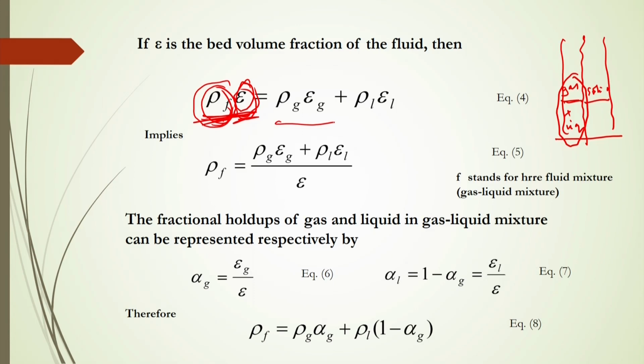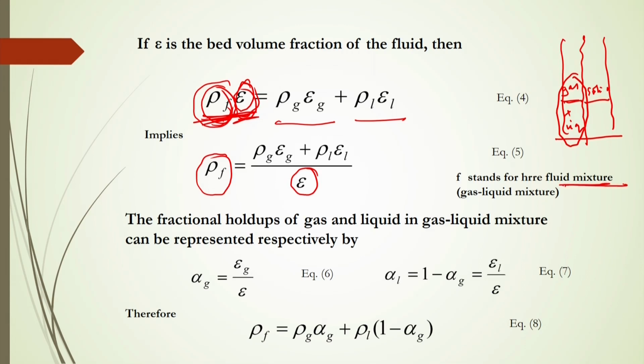This would be equal to rho_g epsilon_g plus rho_L epsilon_L, g for gas, L for liquid here. So, rho_f will be rho_g epsilon_g plus rho_L epsilon_L, divided by epsilon. This epsilon is the total volume fraction of the gas and liquid portion only, and F stands for fluid mixture.